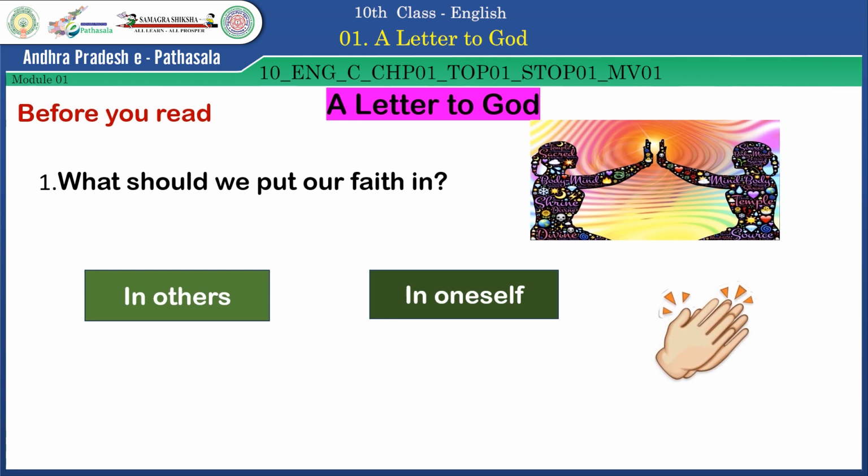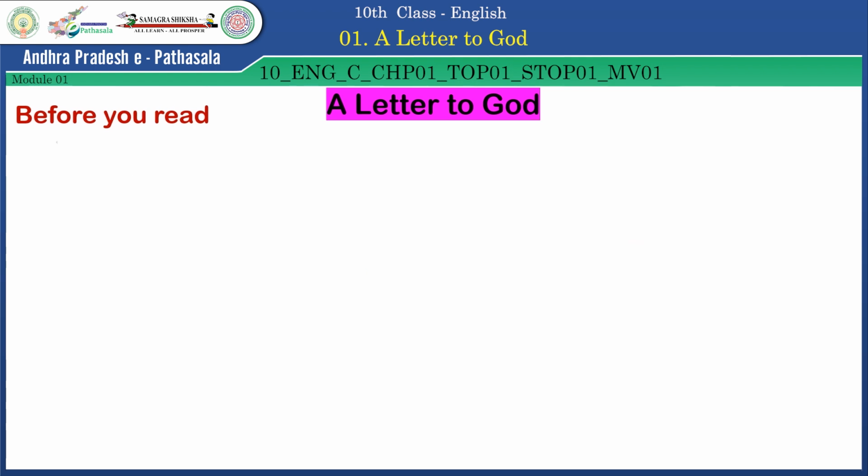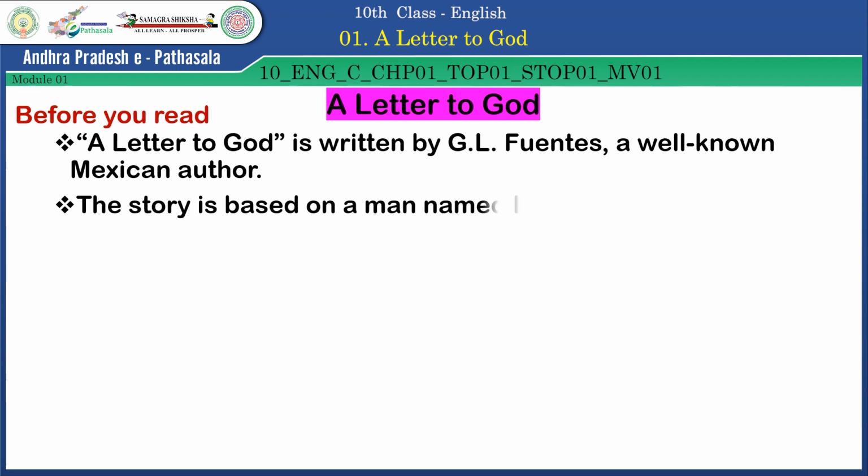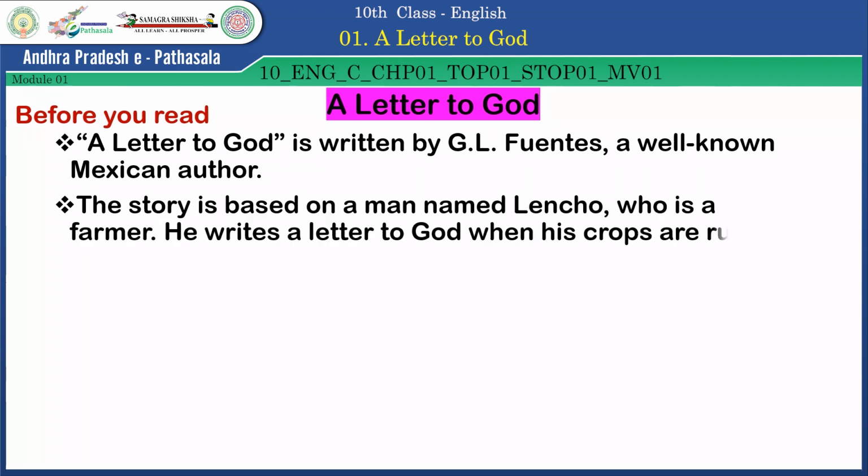A letter to God is written by G.L. Fuentes, a well-known Mexican author. The story is based on a man named Lencho who is a farmer. He writes a letter to God when his crops are ruined, asking for 100 pesos.